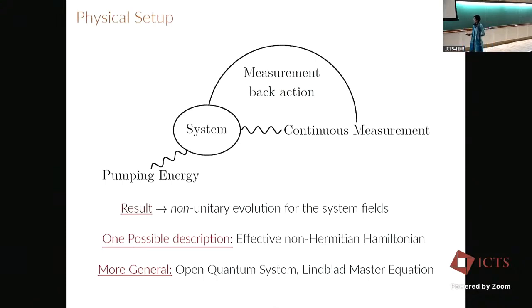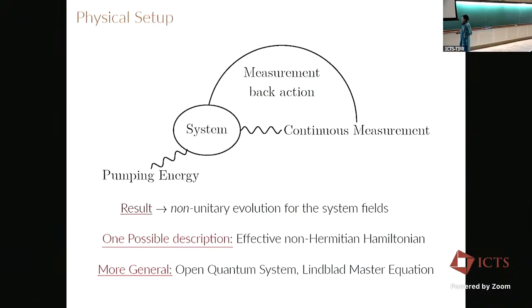But for a more general description, one should consider the full open quantum system, where one considers the system degrees of freedom and the bath degrees of freedom and the coupling between them. For a more general setup, in some regime, one can describe the evolution of the system density matrix by the Lindblad master equation.